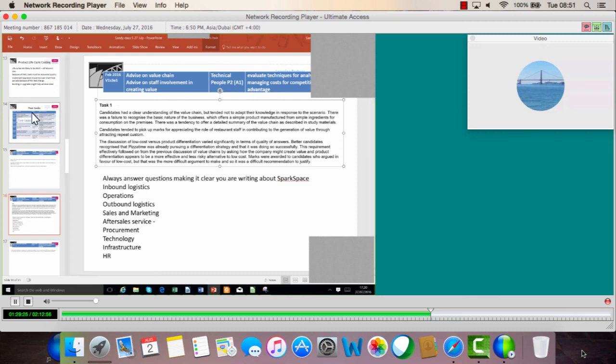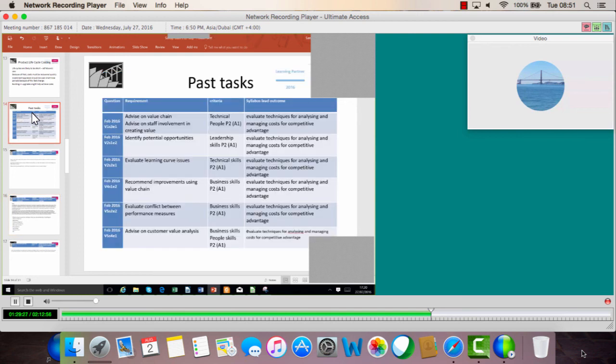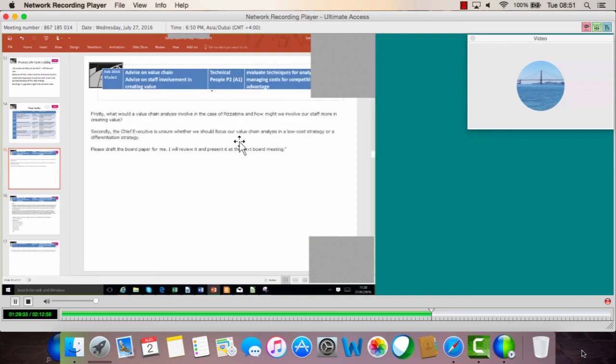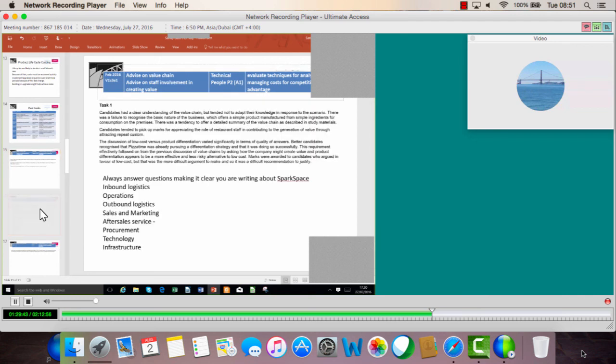So we're looking our way through how this has been tested. And there was this second half of the sentence. And how might we involve our staff more in creating value? So make sure that the staff element of creating value is so important.